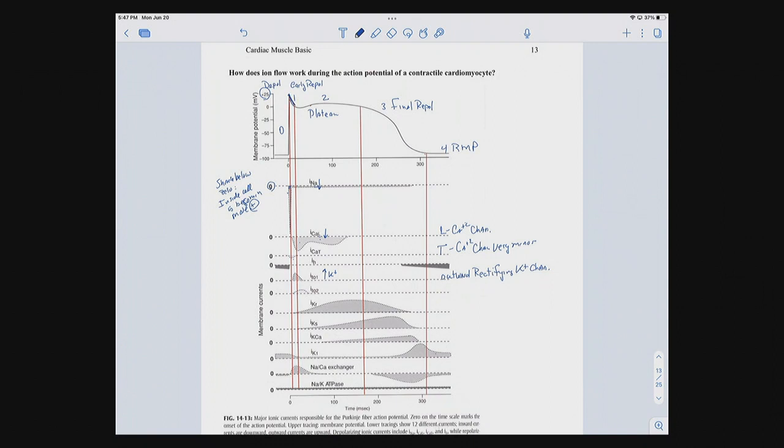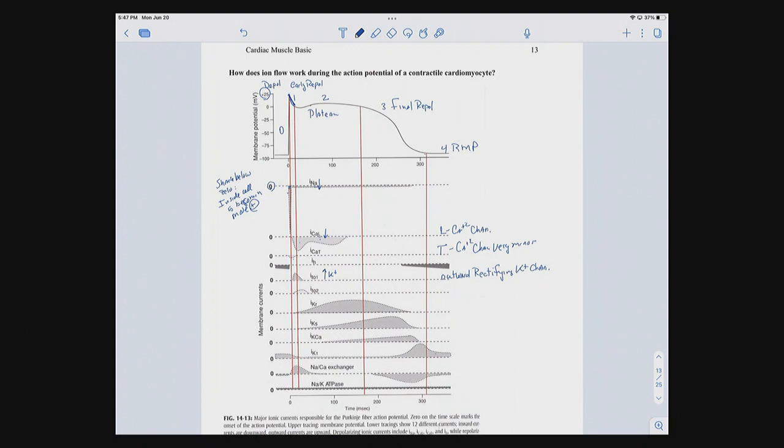It is going towards the negative direction, which means I'm having more potassium flowing out than I am charge coming in. So who's winning the battle there? I'm having a net movement of positive outward in this initial phase.